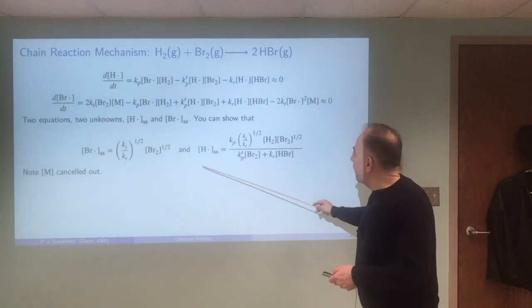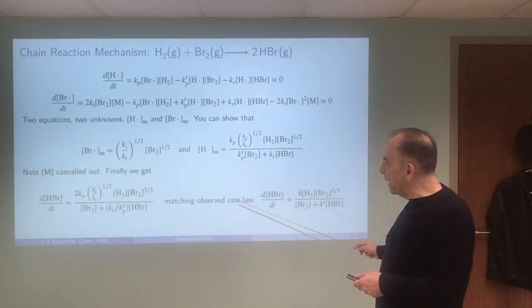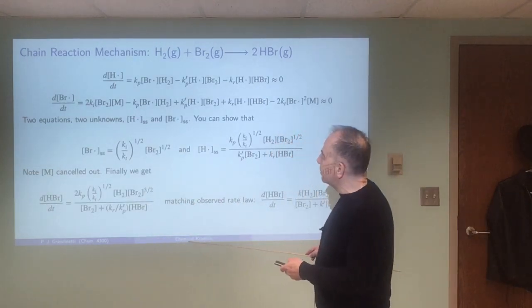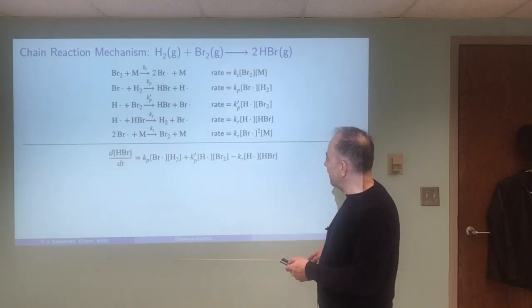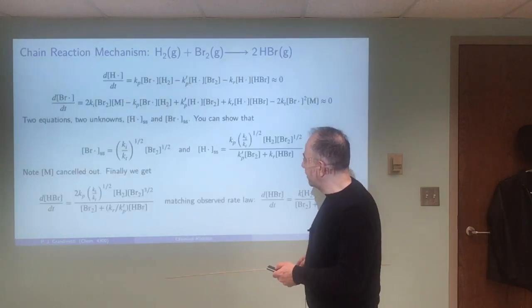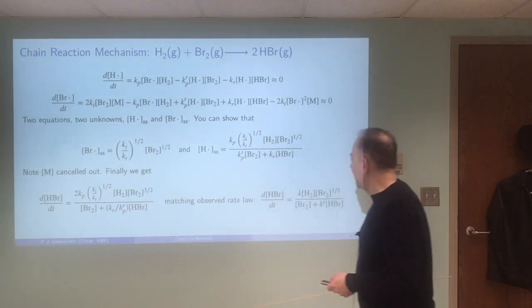That M cancels out of these concentrations. And finally, when we bring it all back together, let's go back to this equation and substitute in those steady state values here and here, we'll get this equation here.